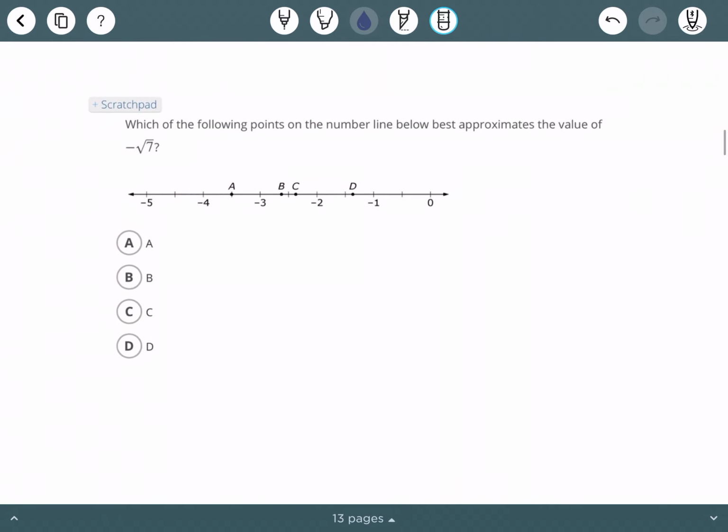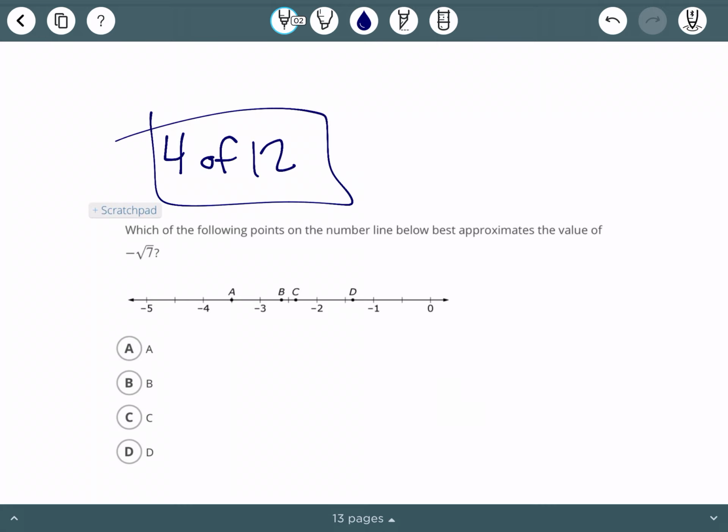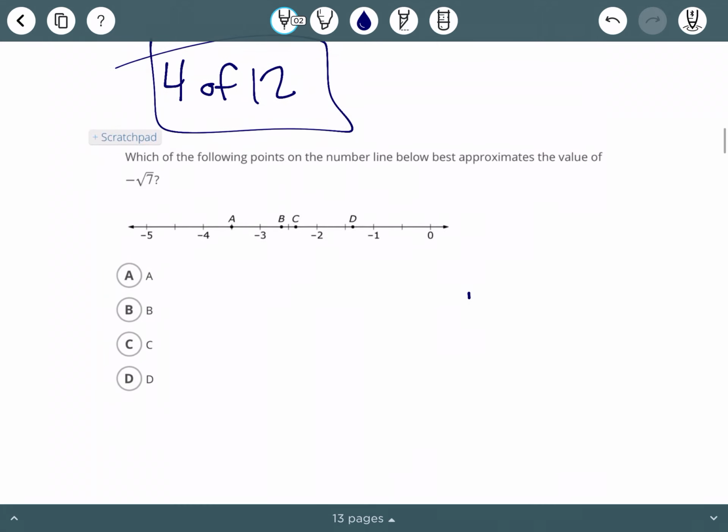All right, this is question 4 out of 12. So for this question, which of the following points on the number line below best approximates the value of the negative square root of 7? So again, we are looking for an approximation here.